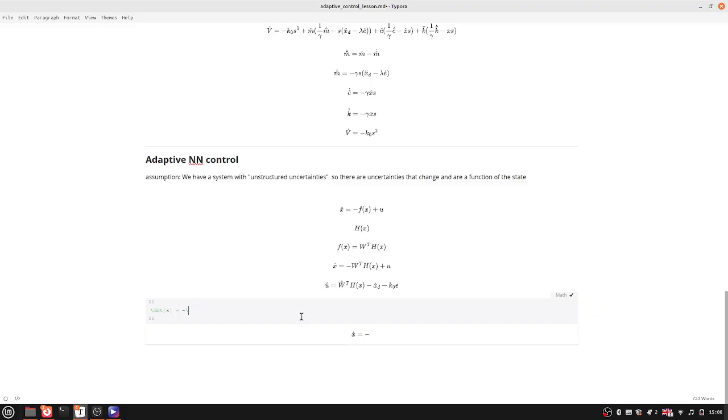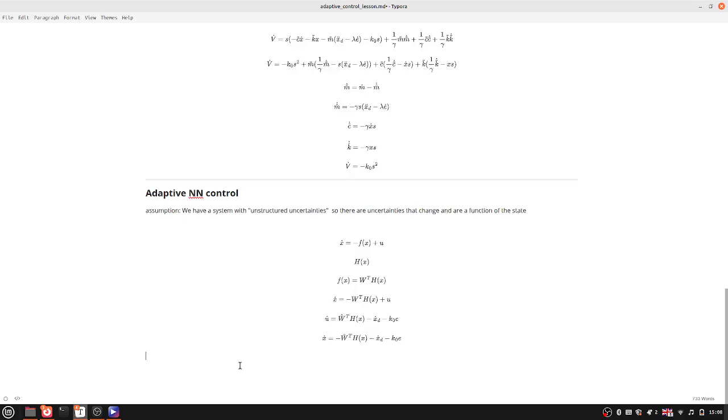So I guess I should do w tilde. And if w tilde is w minus w hat, we have minus w plus w hat, so it's minus w tilde transpose h of x, our basis functions, and then minus x d dot minus k0 e.